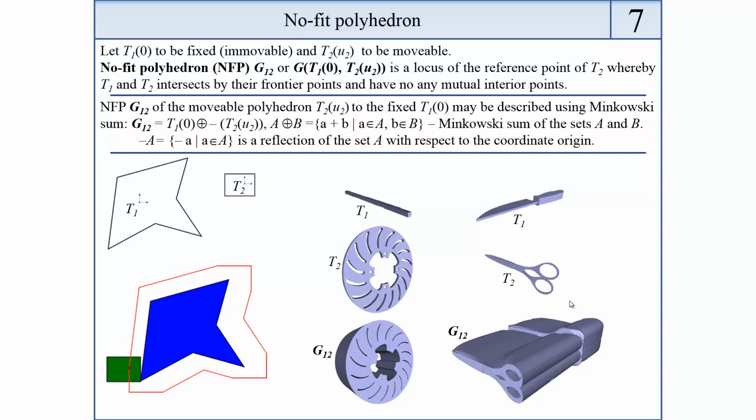At the same time, the reference point of the movable rectangle builds the NFP. That way, NFP may be considered as the border of the zone permitted to place the movable object. For dense packing, it's important that objects touch each other as well.